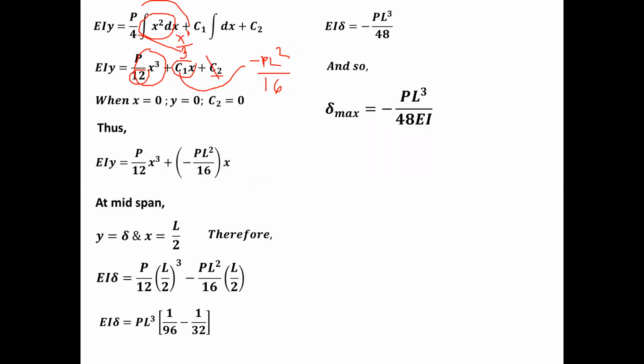Yan ang ating formula sa lahat ng beam na simply supported na may concentrated load na P sa gitna. Ilan man ang amount ng ating P, 100 kN yan, palitan nyo man, ito lang ang formula natin.